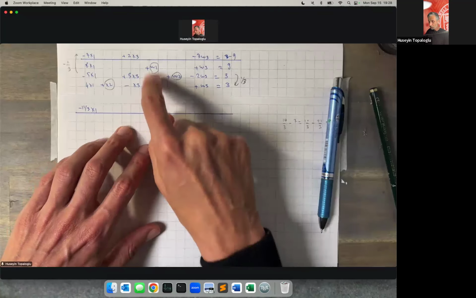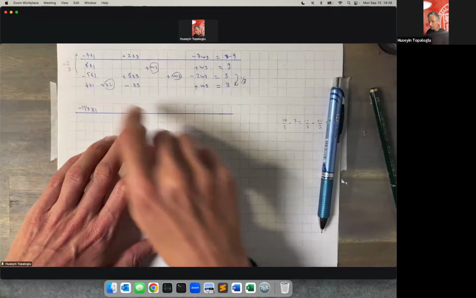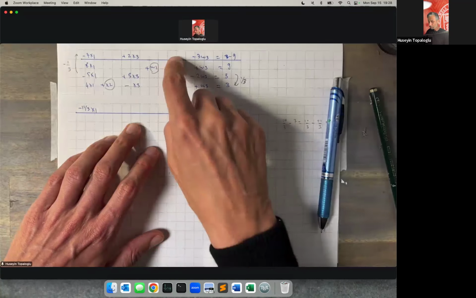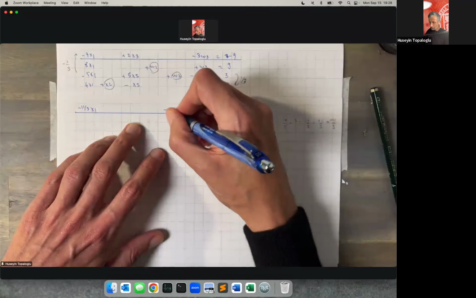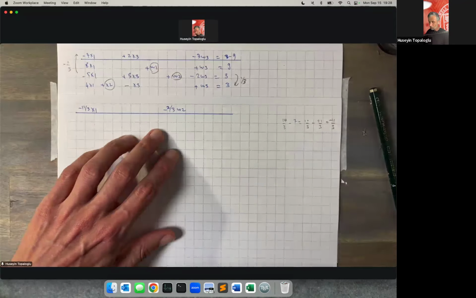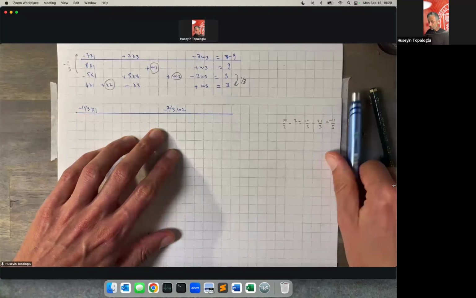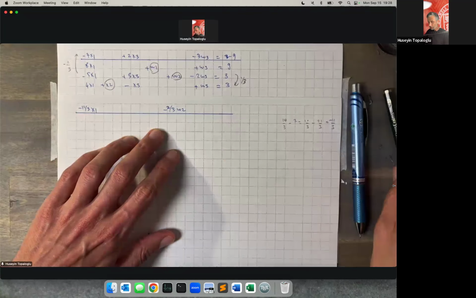No w1 here, no w1 here, so we're not going to have any w1. w2 times minus 2/3, minus 2/3 w2, plus 0 w2, minus 2/3 w2. Minus 2 w3 times minus 2/3, that is a 4/3 w3.